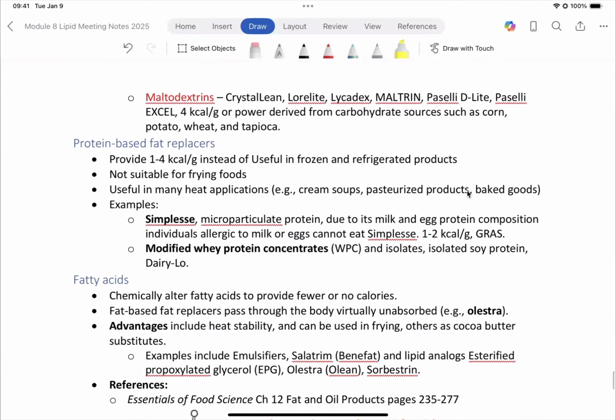There are some protein fat replacers. Because protein has 4 calories per gram, they do provide some calories, but not enough. In general, they might help.